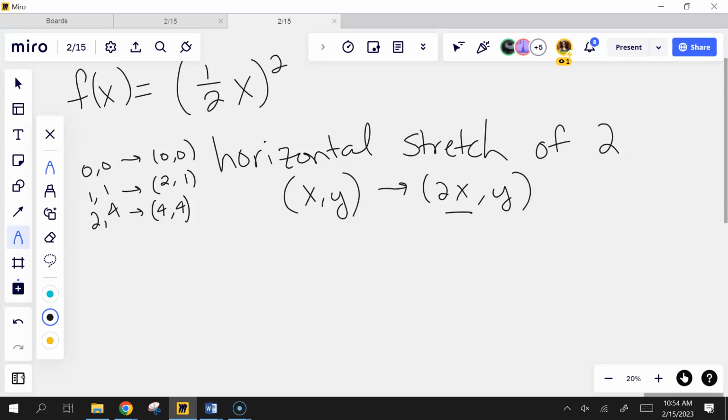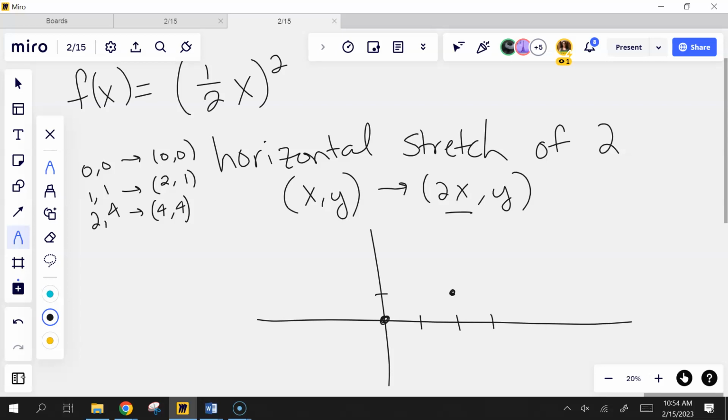You use the flip. And that's on your little cheat sheet. That's one of your little cheat codes over here on the side. Yes. So this graph would look this way. 0, 0. 2, 1.